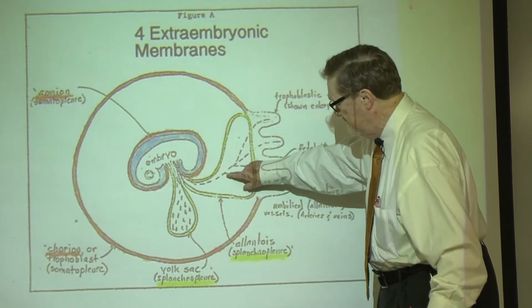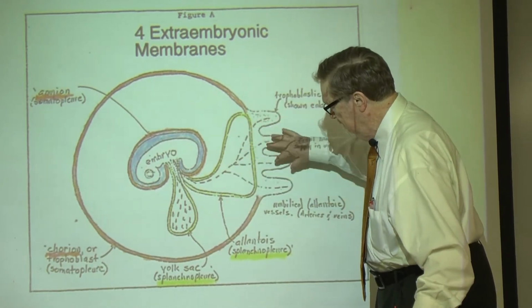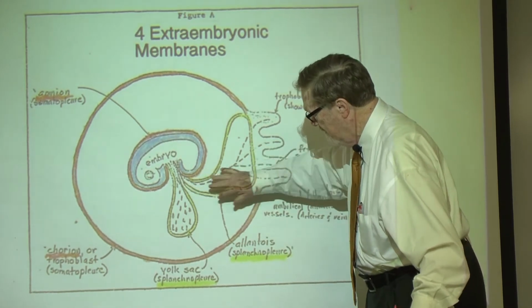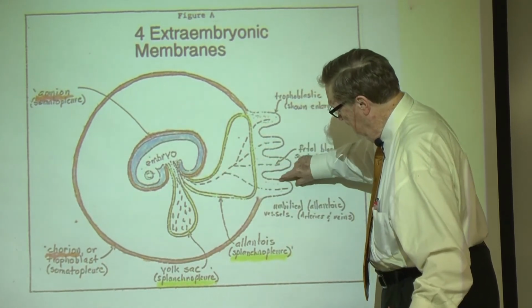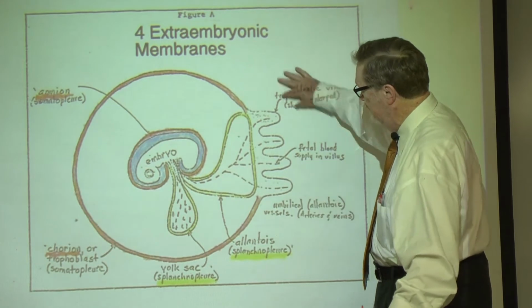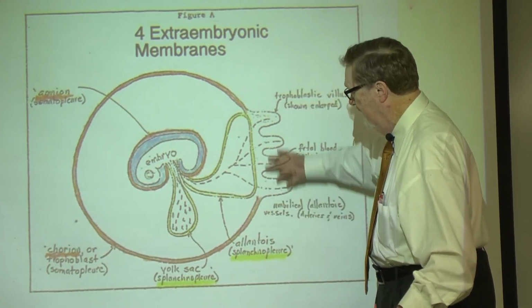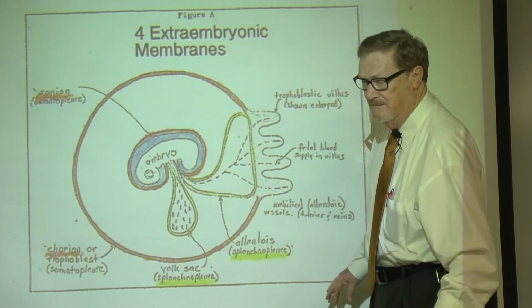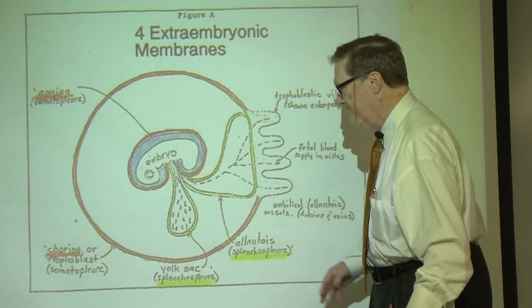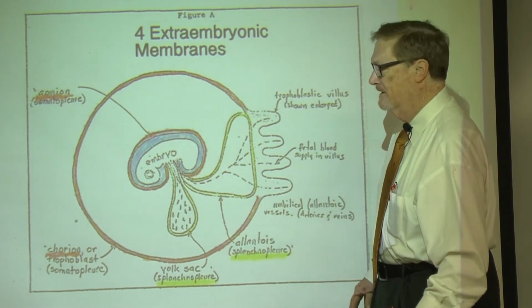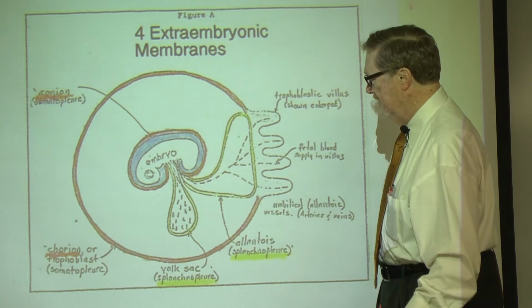Okay, blood goes out through these arteries and veins, and it interacts with maternal blood that's on the outside out here. And we're going to talk about 5 different types of interaction that take place here. It gets complicated, but maybe I'll be able to help you to understand it a little more simply.